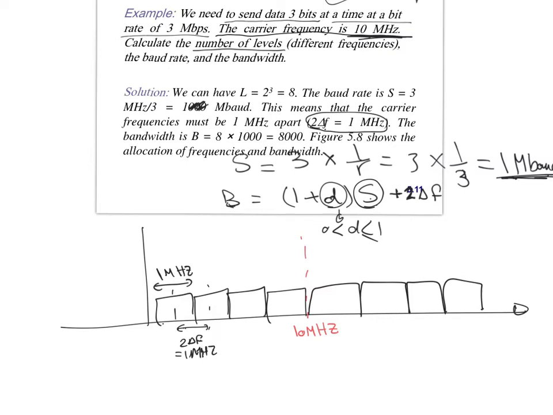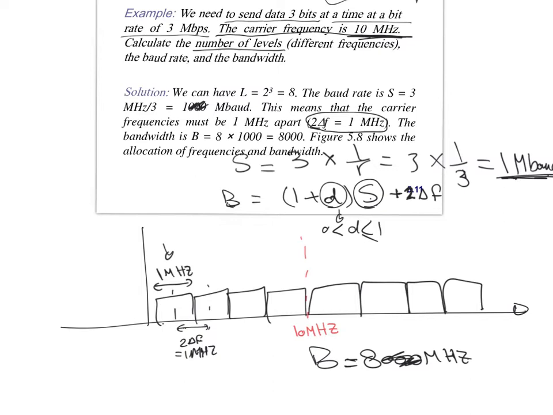In total, the bandwidth for all the 8 symbols is 8 megahertz. We have 1 megahertz per symbol, which means that we have 8 megahertz bandwidth in total.